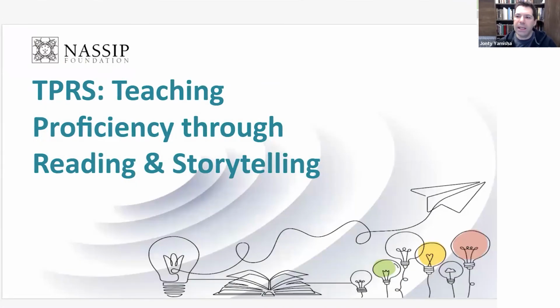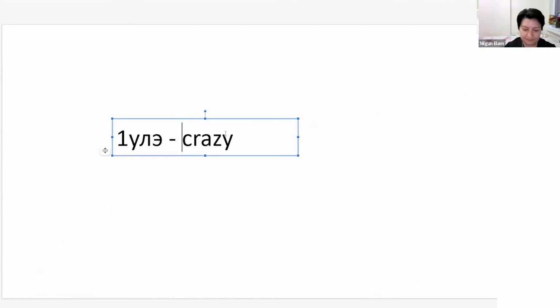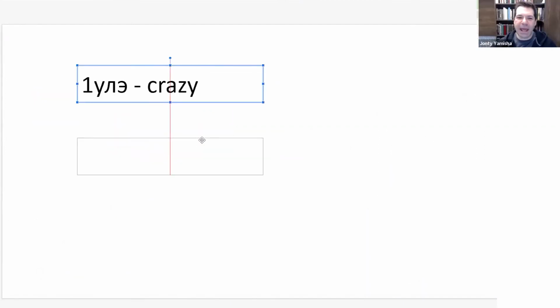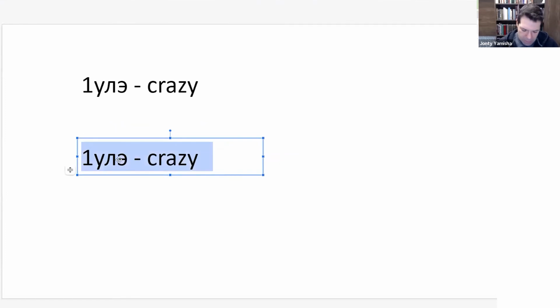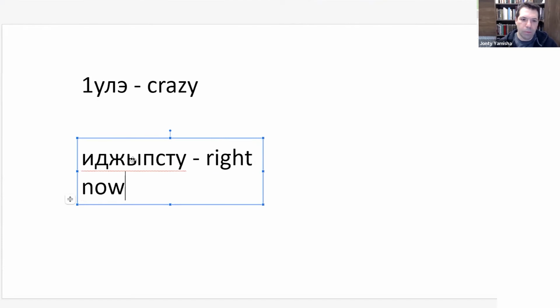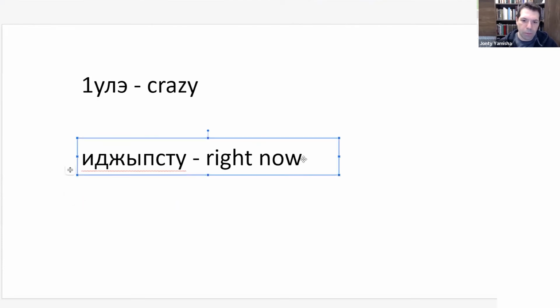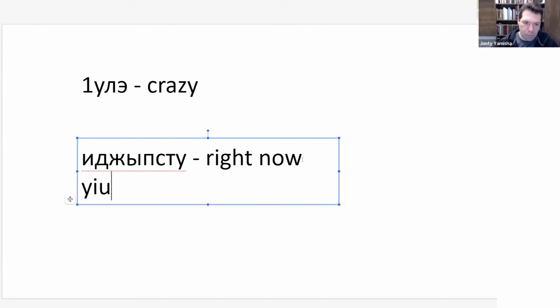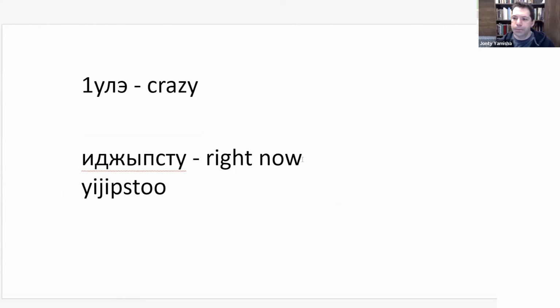Okay. So I'll spell this out for you. I do all the notes in a separate deck so we don't mess up the primary deck. This is a question somebody asked in the last class. Yijipstu. Why are you saying right now?